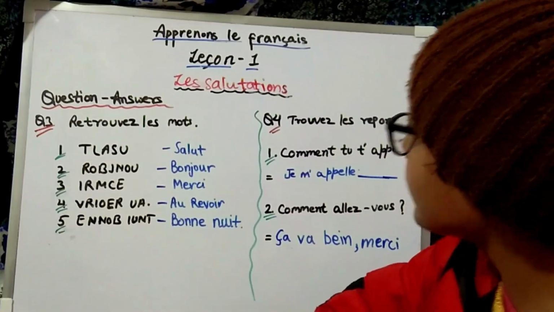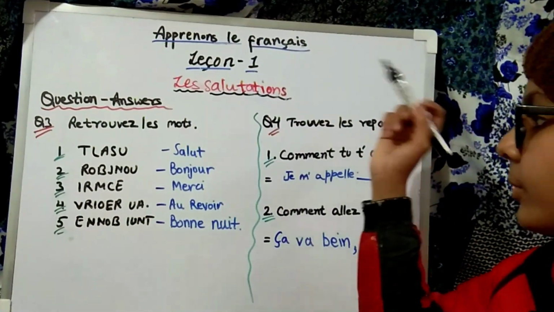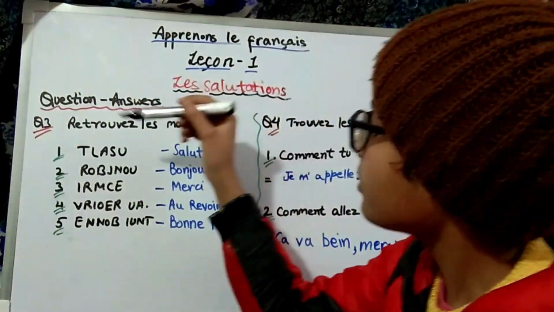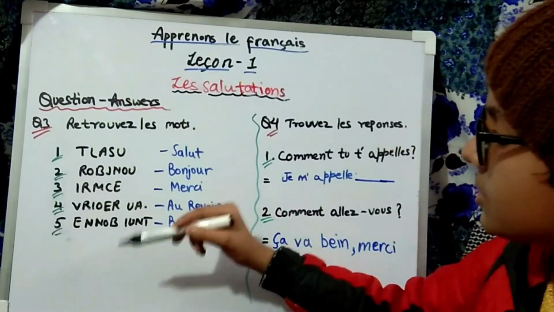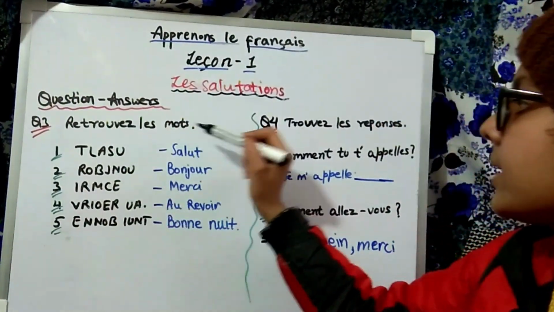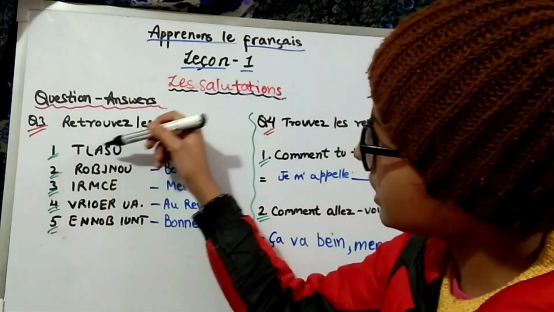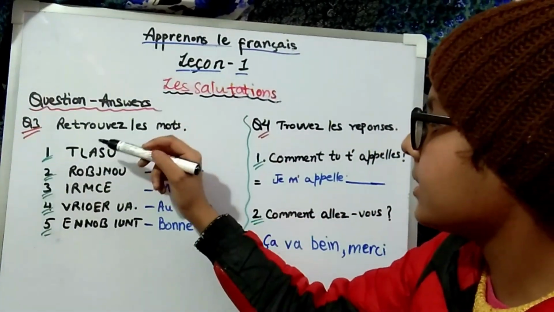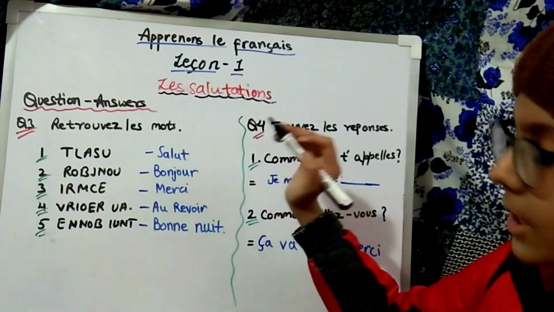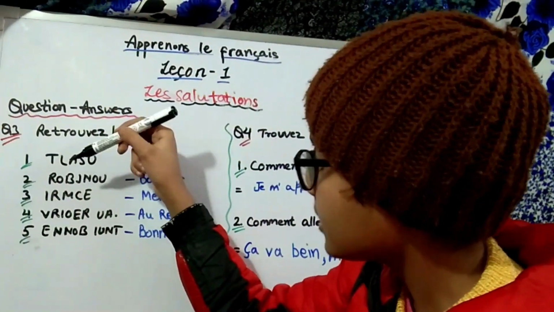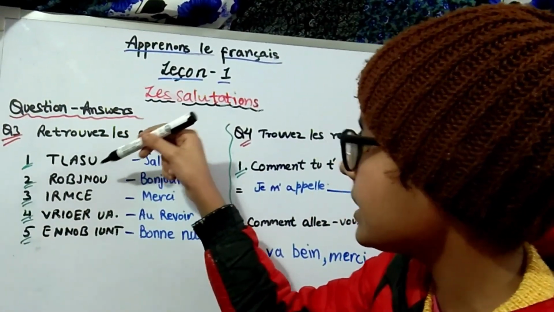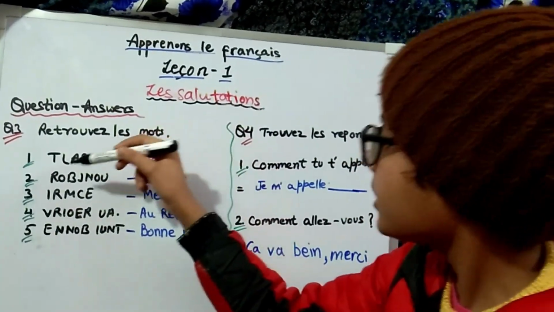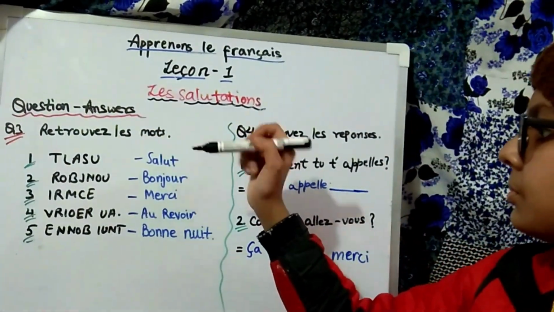So here we are with question number 3 and question number 4. In question number 3, we need to unjumble these words. Retrouver les mots. The first one is TLASU, and it is known as salut, as you can guess. Now ROBJNOU, the letters resemble bonjour.